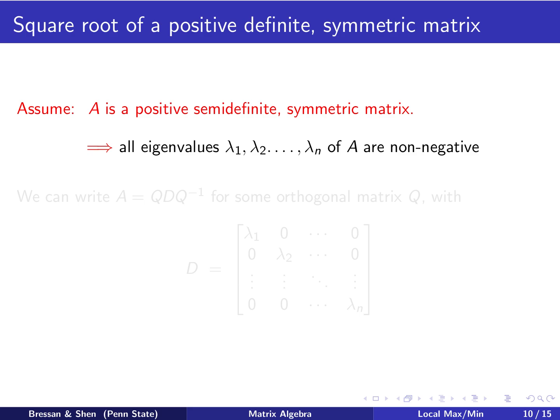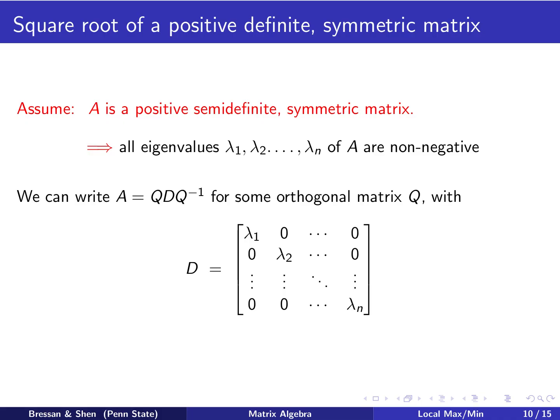To define the square root of a matrix, we need to put some further assumptions on the matrix. The matrix A needs to be positive semi-definite and symmetric. This means that all the eigenvalues of the matrix are non-negative and A is also symmetric.